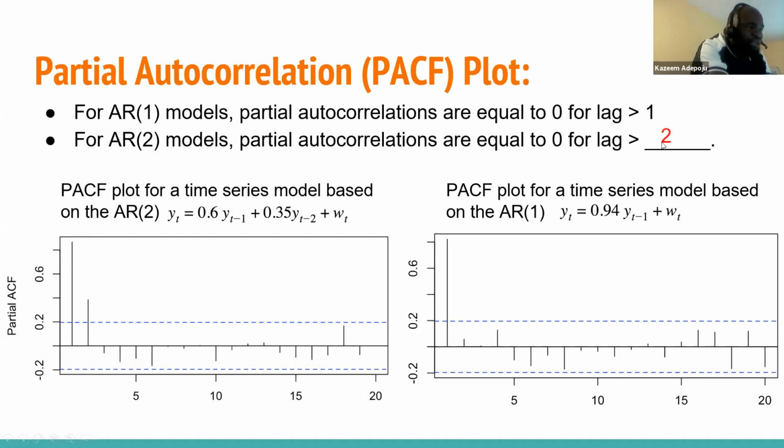Okay, so I answered this for you the other time. Now you know for AR3, the partial autocorrelation for a lag greater than 3 will be 0.